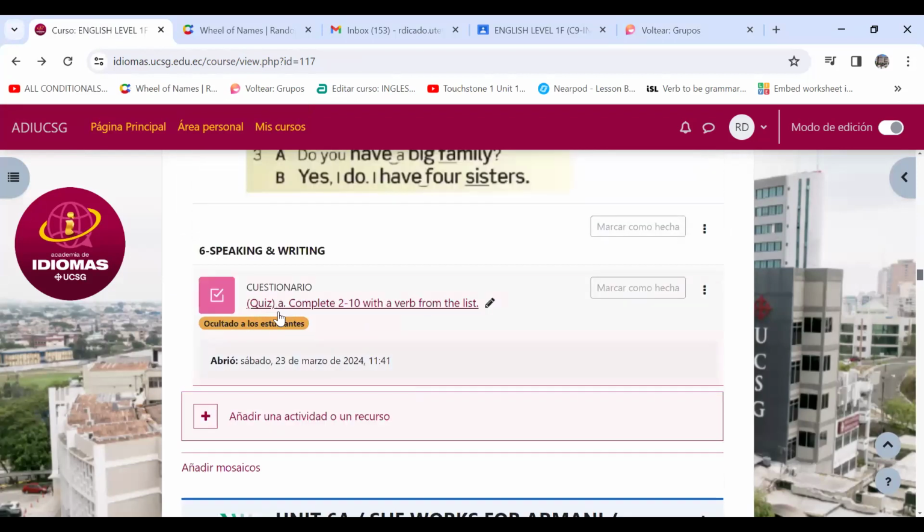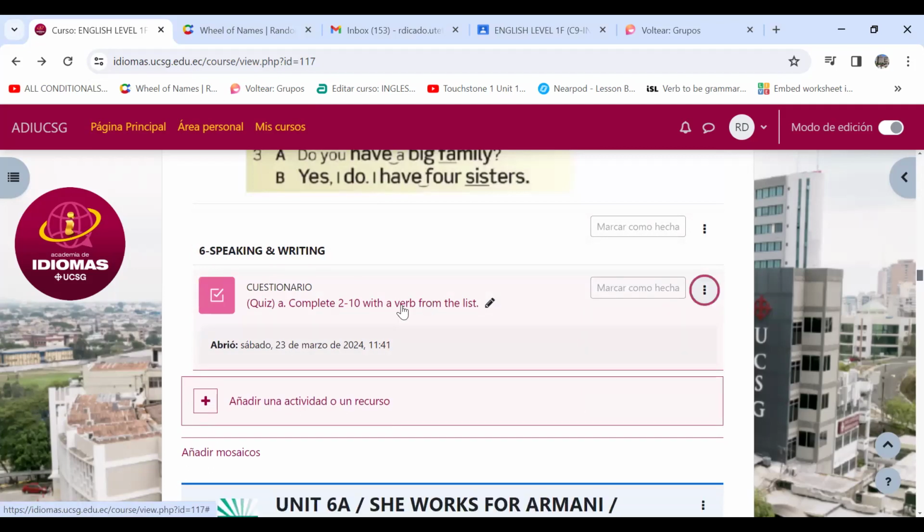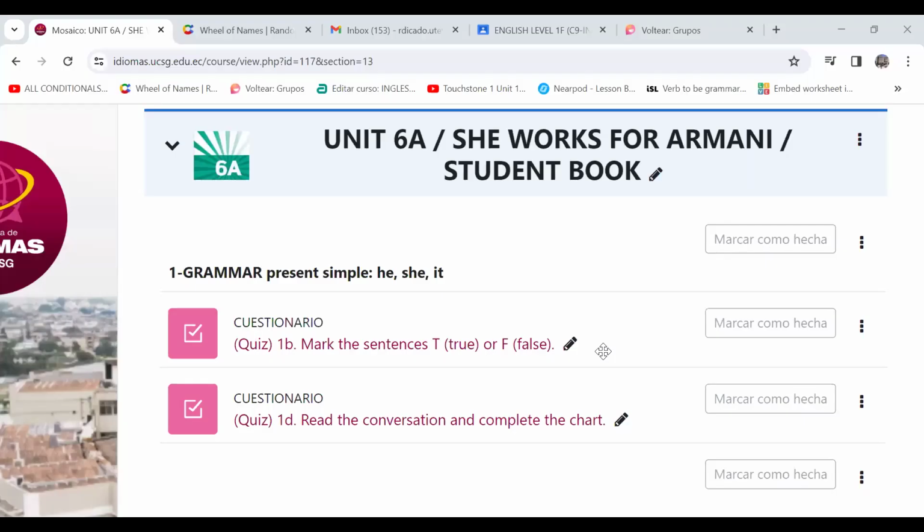Here we have quiz A, complete with a verb from the list. Okay, we are going to complete this activity. Do it, please. It is ready. And yesterday we studied the rules about the third person.